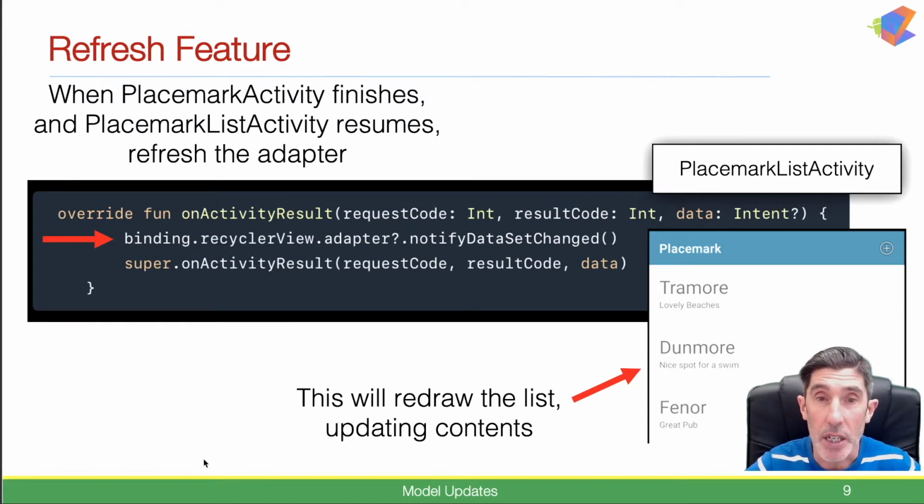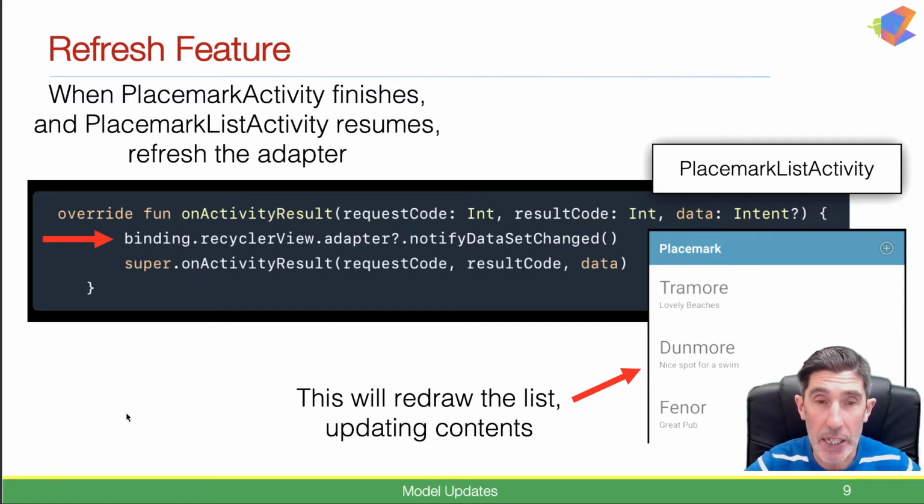In terms of the refresh, which was a purposeful bug in the lab, just to highlight the fact that notifyDataSetChanged is quite useful. When the placemark activity finishes and the placemark list resumes, we want to refresh the adapter.